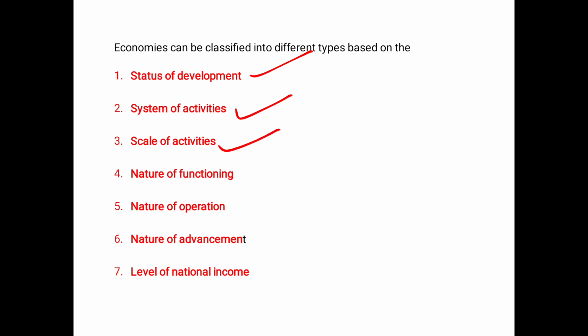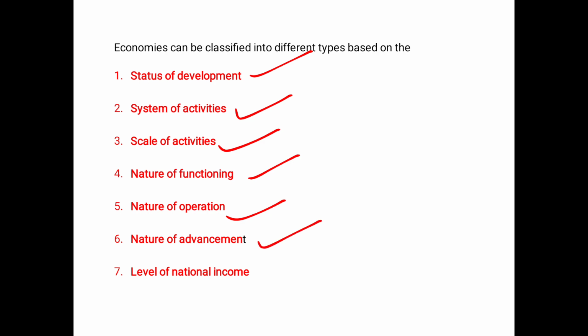Next is scale of activity, whether we are going to concentrate on small scale economies or large scale economies. Then nature of functioning, it can be a static one or a dynamic one. How is the nature of the operation? It may be an open economy or a closed economy.